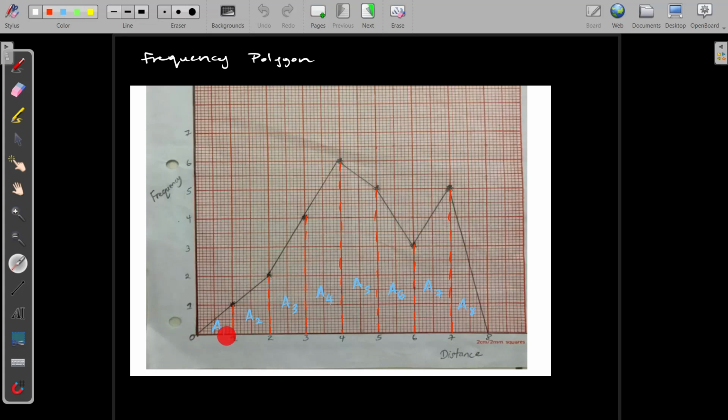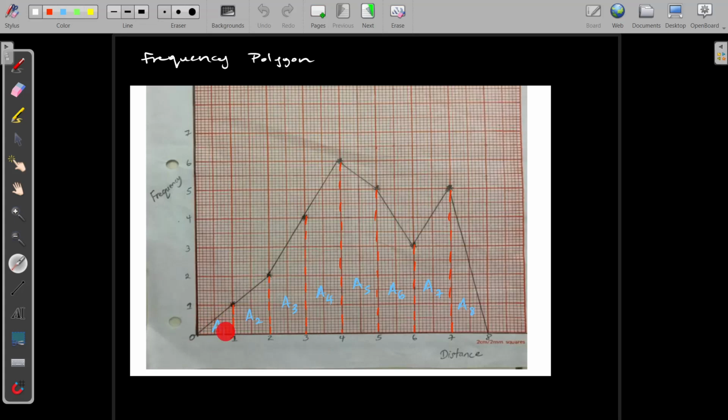Even though this is 2 centimeters, we still have to call it 1 because that represents the actual distance from the table. So the spacing doesn't matter. All we're looking at is the numbers that are represented. So this would be from 1 to 2, a distance of 1. 2 to 3, distance of 1, and so on.